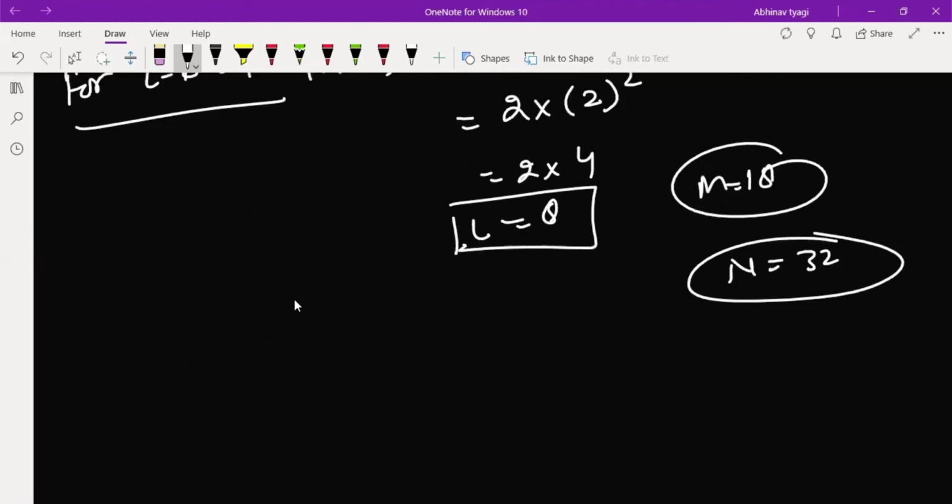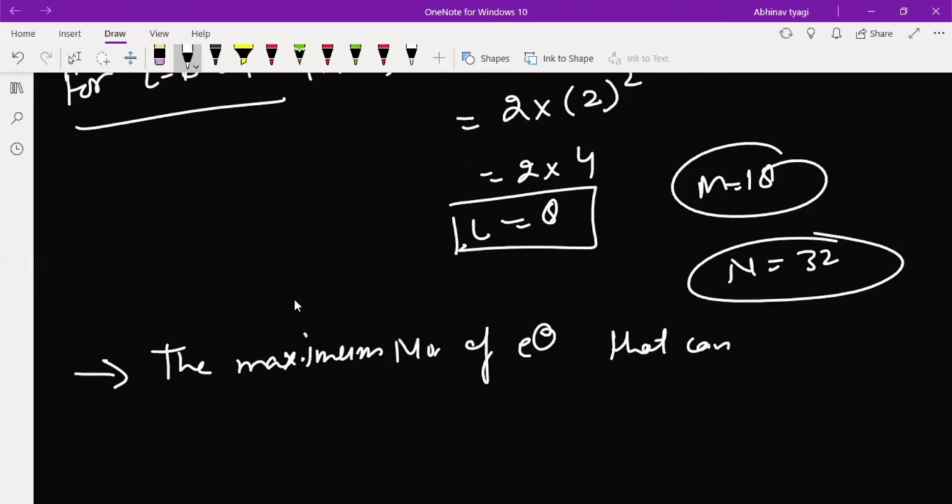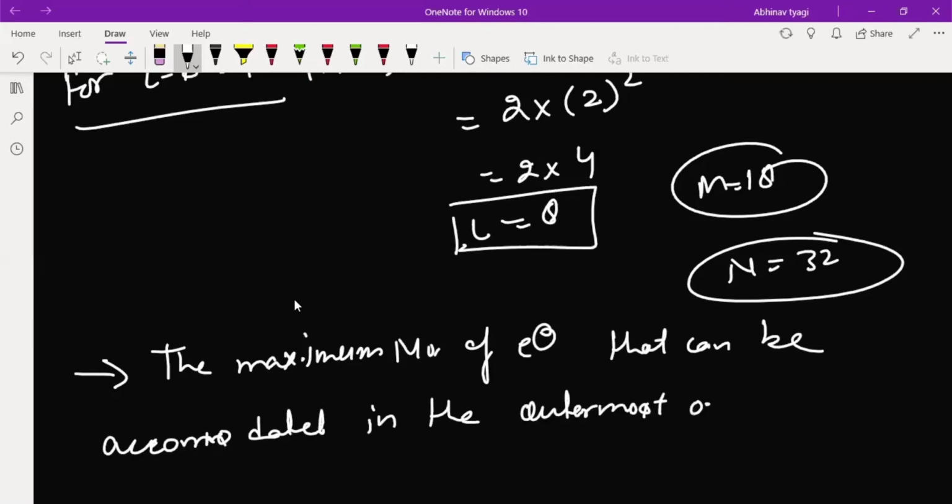The next important point is that the maximum number of electrons that can be accommodated in the outermost orbit is 8, and electrons are accommodated in a given shell only after the inner shells are filled. जब तक K shell fill नहीं होती तब तक आप इलेक्ट्रॉन को L shell में fill नहीं करेंगे.